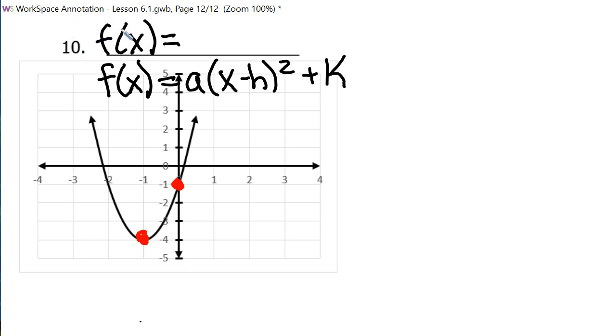Make sure an equation has an equal sign, so make sure you have one or the other, y equals or f of x equals.